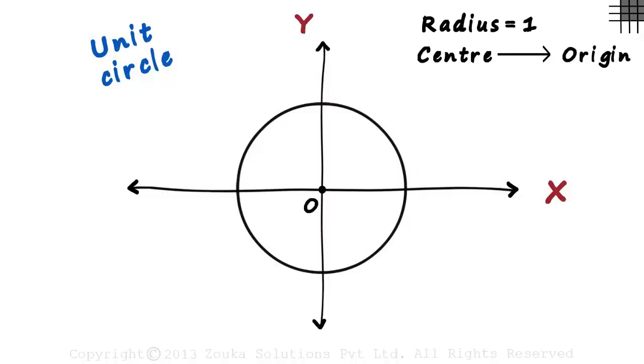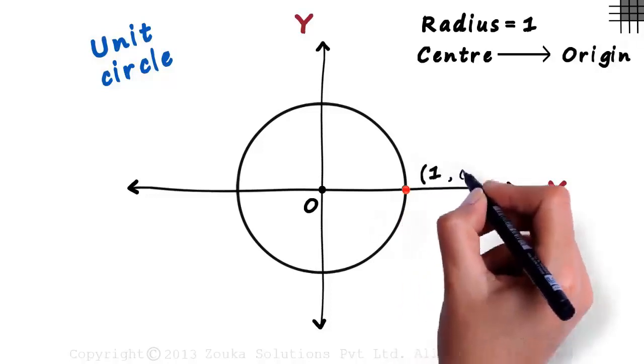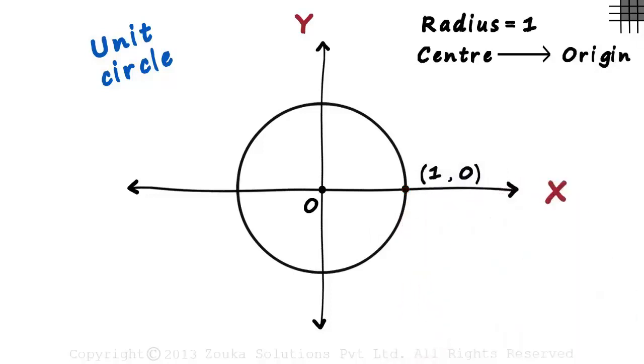Let's find the coordinates of those points. This point lies on the x-axis, which means its y-coordinate will be 0. As the radius of the circle is 1, its x-coordinate will be 1. The coordinates of this point will be 1, 0. What about the coordinates of this point? Simple.